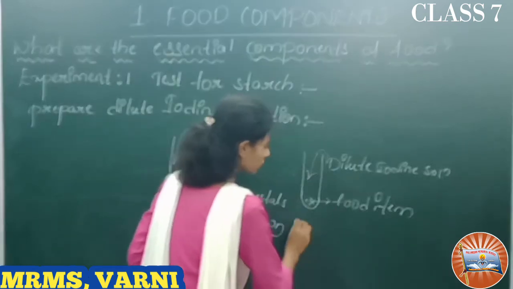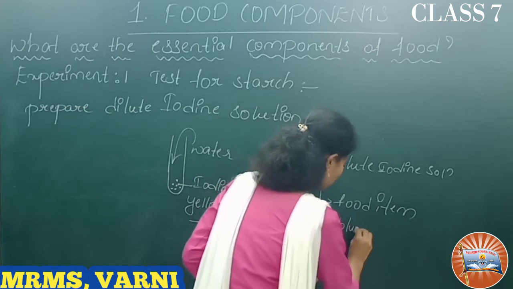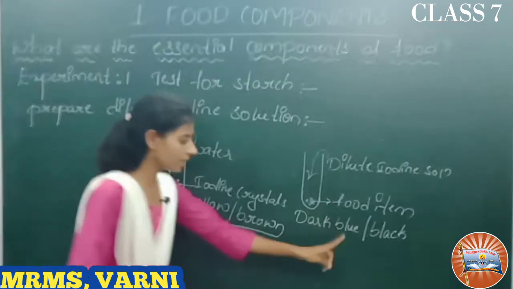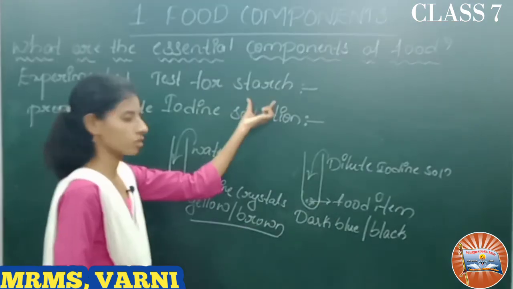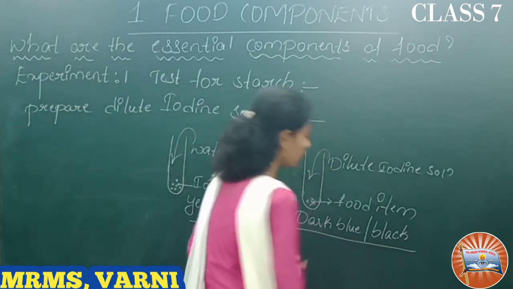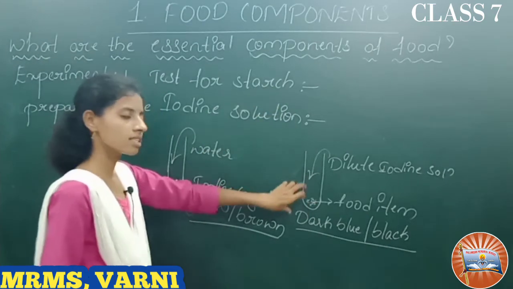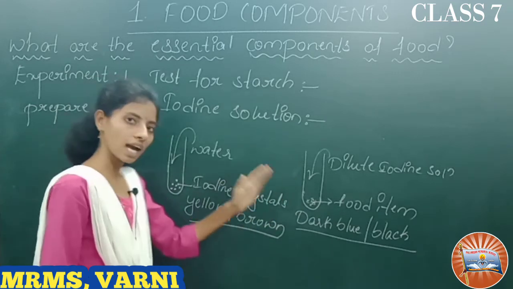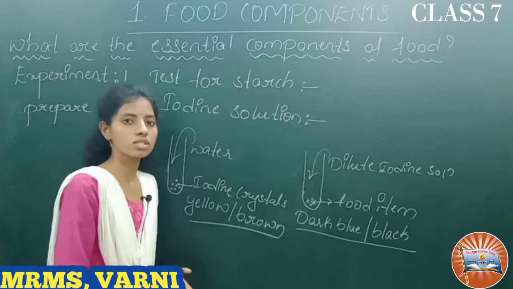If the solution changes into dark blue or black, this indicates that the food item contains starch. The color dark blue or black indicates the food item contains starch. In this way, we can identify the starch containing foods.